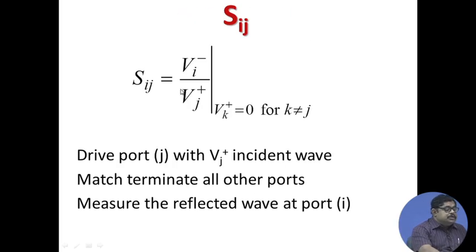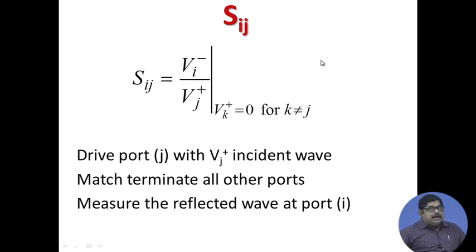So, that is why when we say Sij, that means I have given the excitation at the jth port, the second subscript, and I am collecting the reflection at the ith port. Except the jth port, at all other ports the excitation is put off. How can I put the incident voltage at other ports off? That is called match termination.